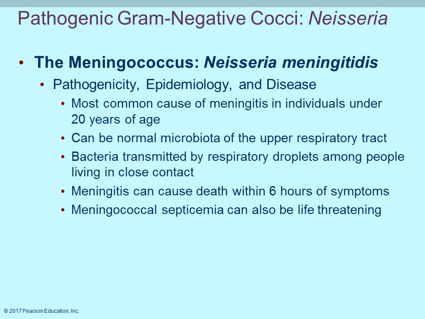How is it spread? Often by respiratory droplets amongst people who are in close contact, coughing, sneezing. Meningitis is inflammation of the meninges, those connective tissue membranes that are surrounding the spinal cord and the brain. And so when that gets inflamed, that's what meningitis is.